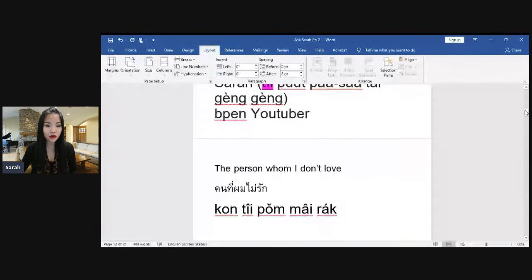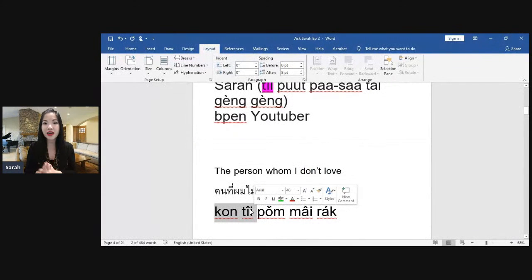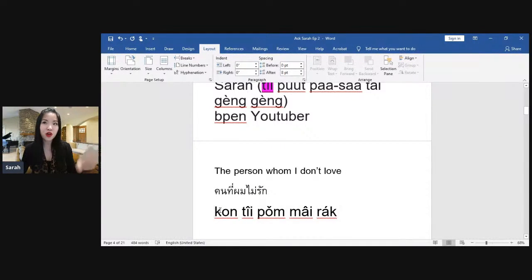You cannot drop คนที่ here, because คนที่ is the person that, if you want to say 'I don't love you', like ผมไม่รัก, that's fine, right? But it's different here, like you want to talk about the person whom I don't love. So that's a complex sentence, that's the noun phrase, the clause, and then you need the main verb.